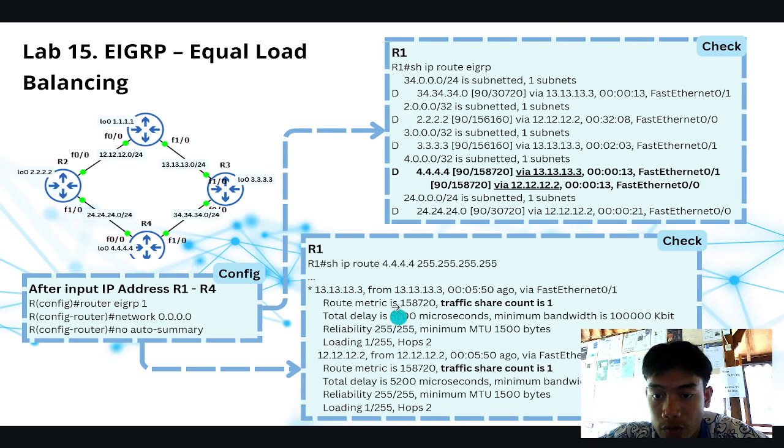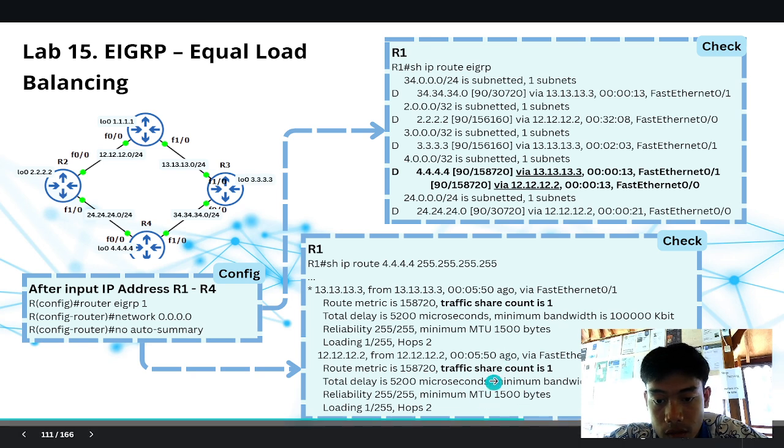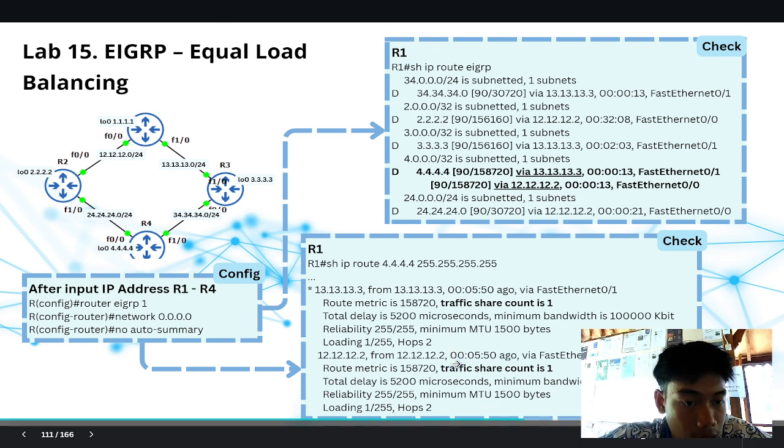This is 4.4.4.4 via 13 from router 1, FA0/1, and then via 12, 12.2 FA0/0.